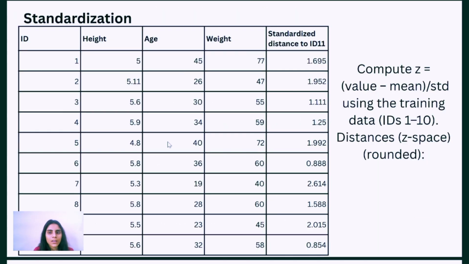After it, standardization: for the standardized distance to ID 11, we compute z is equal to value minus mean divided by std using the training data. Distance is computed in z space and rounded. Using this, we can find the nearest neighbors.